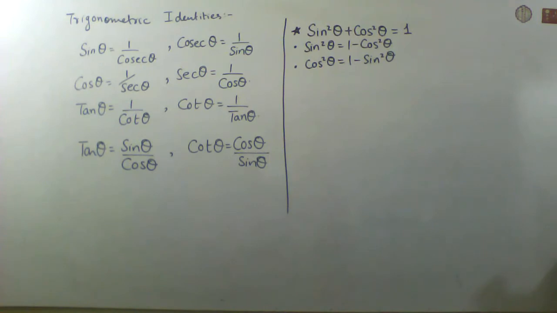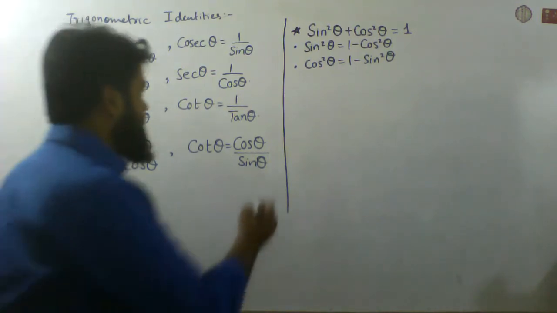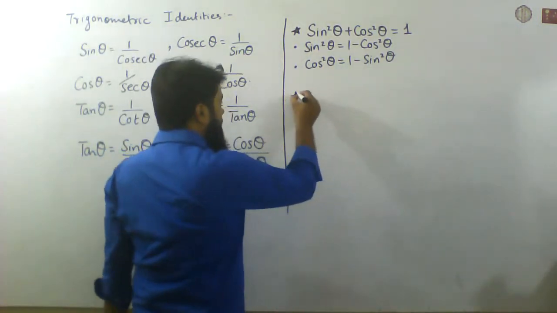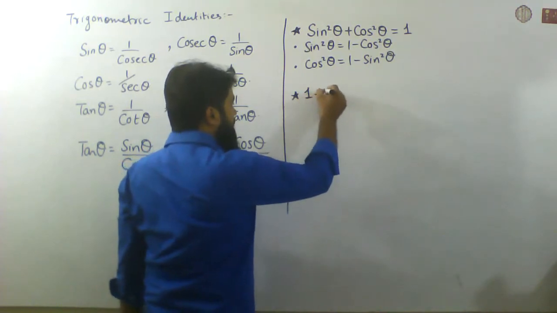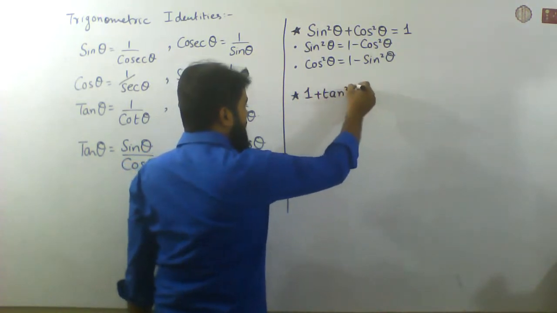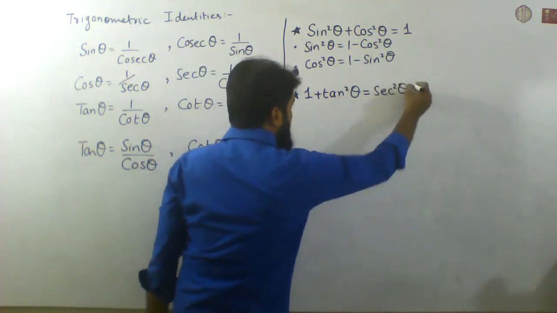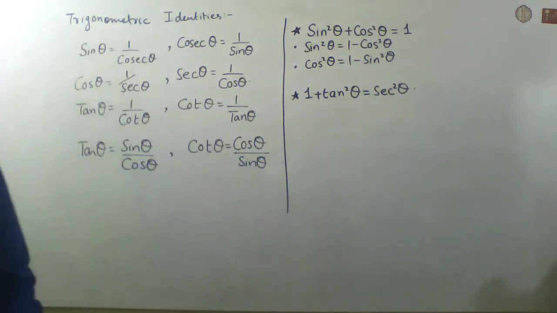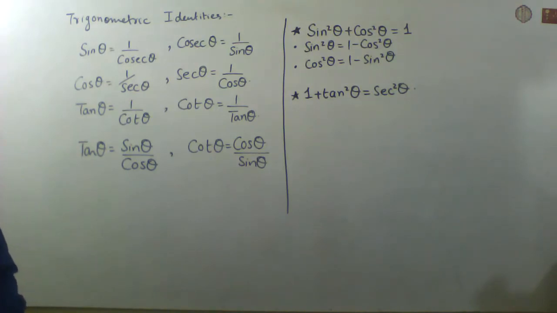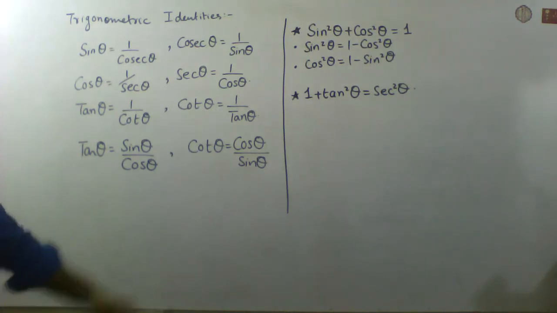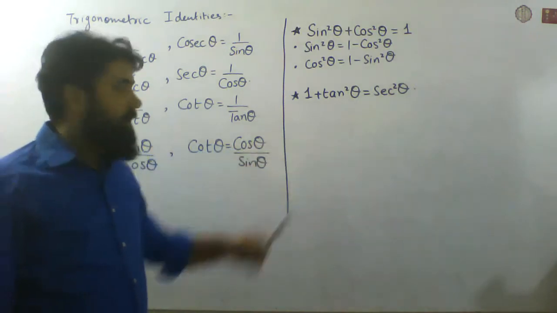Okay. The second one which we have got is 1 plus tan square theta equals sec square theta. That is another squaring identity.